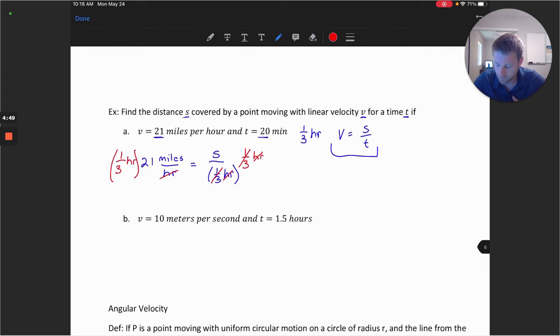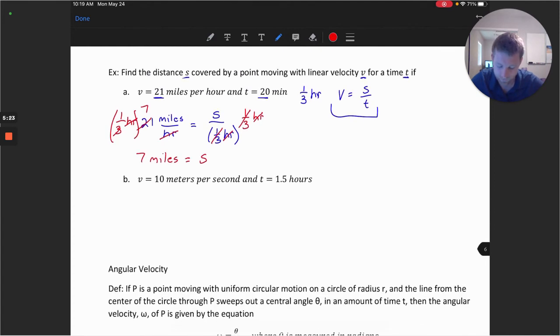Hours will cancel out on the left side. 21 times 1/3 is just going to be 7 for us. And so we will have 7 miles is equal to my distance s. And this makes sense. If we're driving 21 miles per hour, we'll do 21 miles in 1 hour, so in 20 minutes, 1/3 of the time, we'll only have to go 7 miles. So that makes pretty good logical sense.